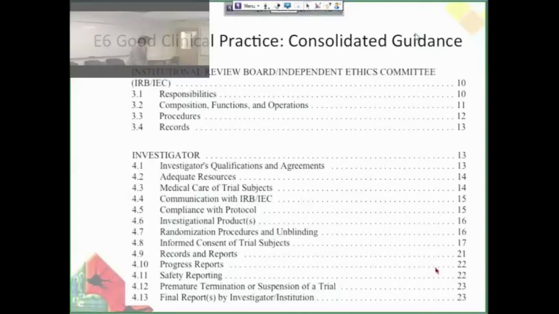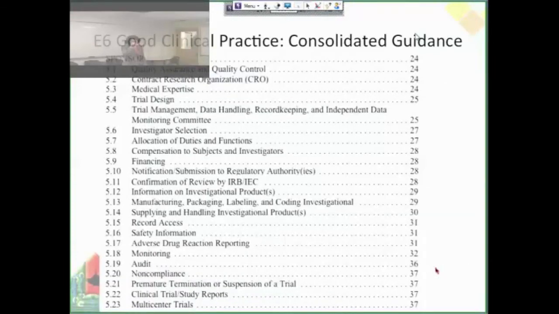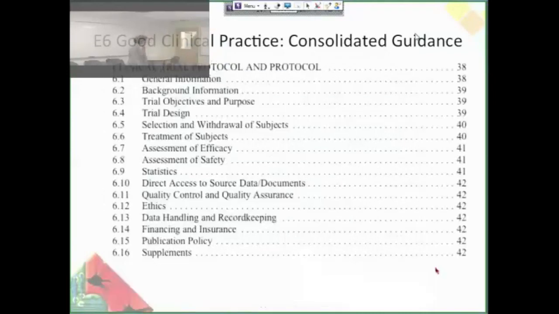So that's all written up. The sponsor, which is the manufacturer of the device who's paying for it, quality assurance and quality control, trial design. So there's just tons of information that is designed to help manufacturers go through this.